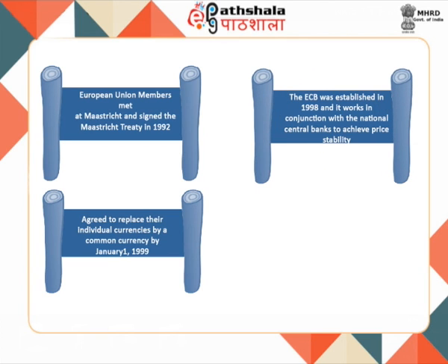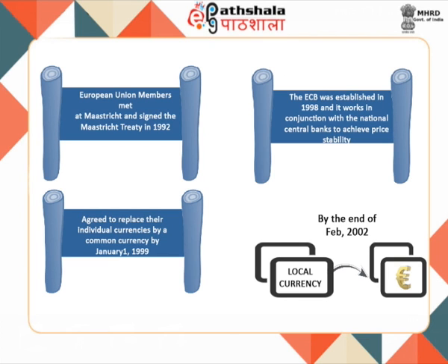The European Central Bank (ECB) was established in 1998 and it works in conjunction with the national central banks to achieve price stability. In January 2002, euro notes and coins were issued, and by the end of February 2002, local currencies were completely replaced by euro.